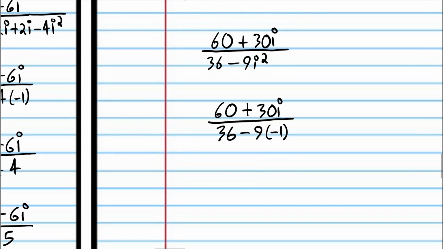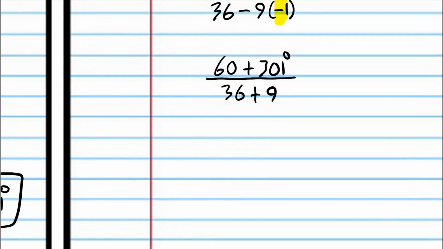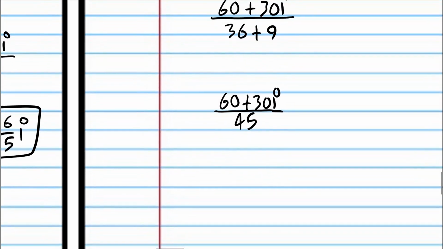So i squared becomes negative 1. And so we have 36 plus 9, which is 45. But we have to reduce and use fraction decomposition. I'll use fraction decomposition first.